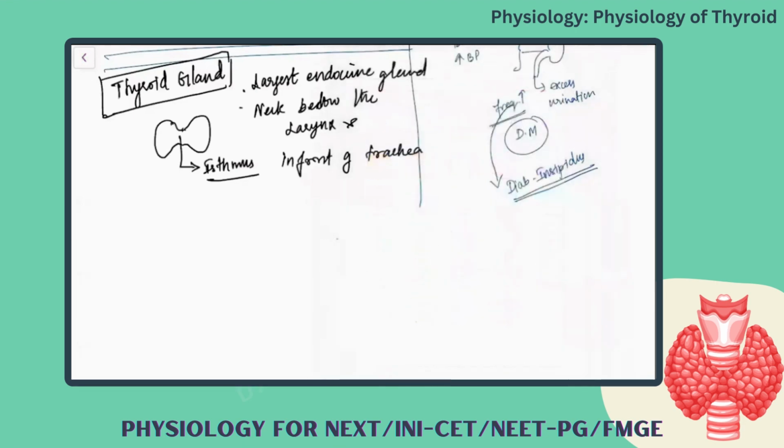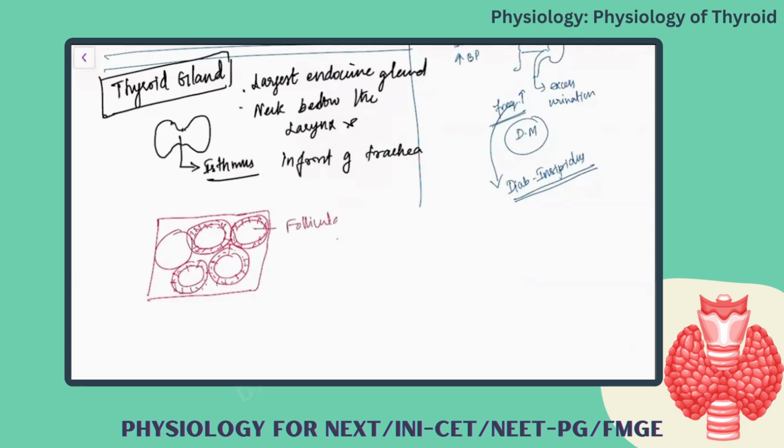And when you see the histological appearance of the thyroid gland, you will have the cells like this. You have the follicular cells which contain the cells over here like this. And each cell contains its own nucleus. This is just a rough representation of the thyroid gland. Okay, and this is the follicular cells.